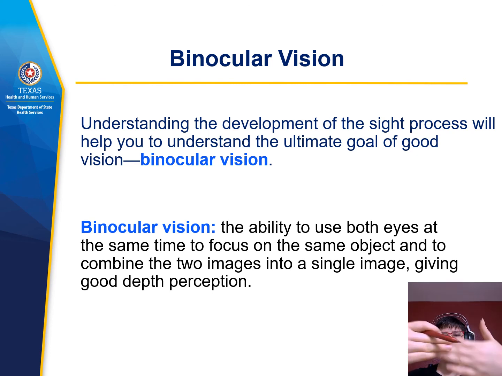And that's what provides good depth perception, right? So much like having two ears is what's needed to understand speech and noise and to have directionality, right? You need two eyes to see how far things are.